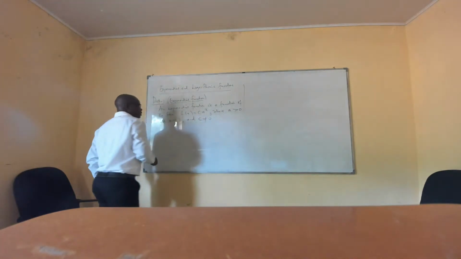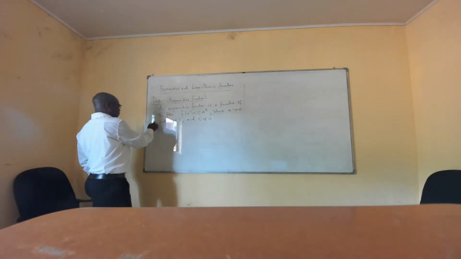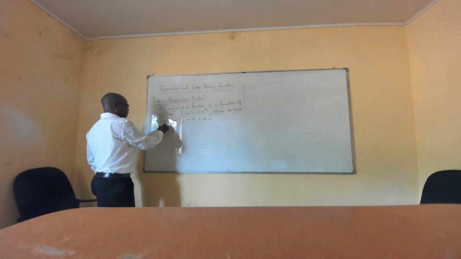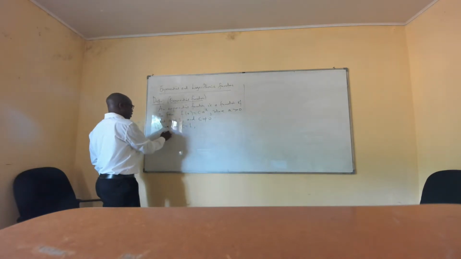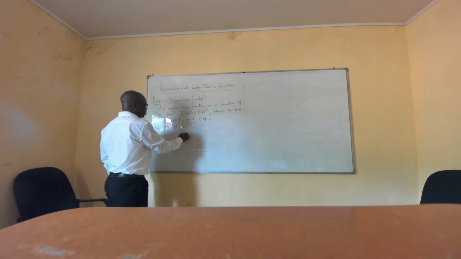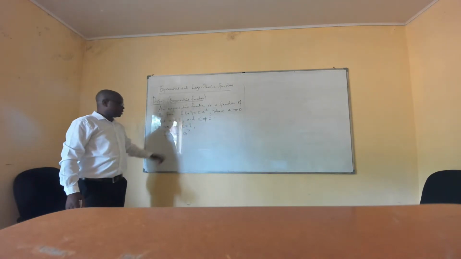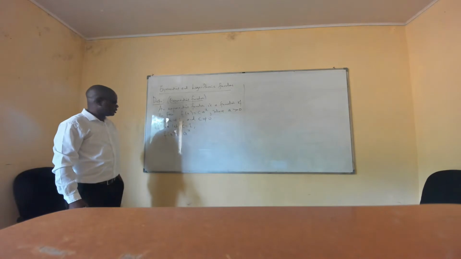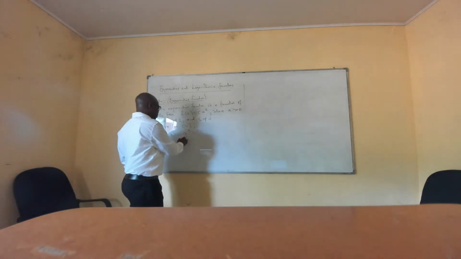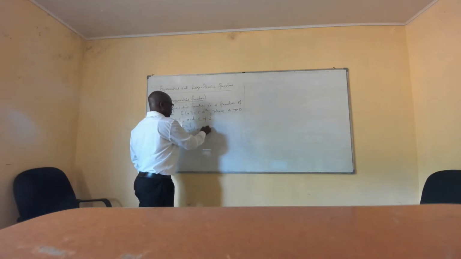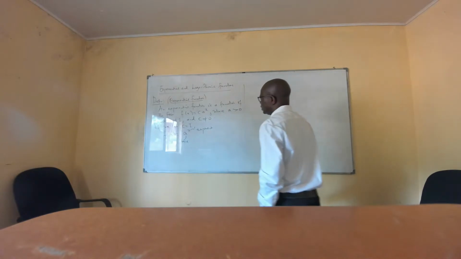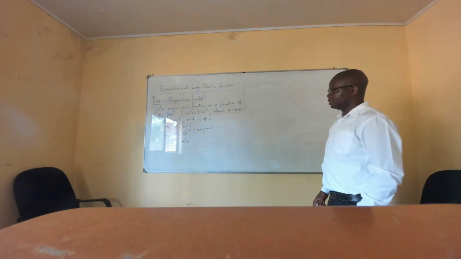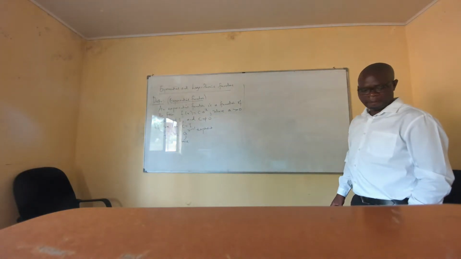So if we let our c be 1, we end up having f of x equals a to the power x. This is called the base, and that is the exponent. So this is the exponential function of the base a.